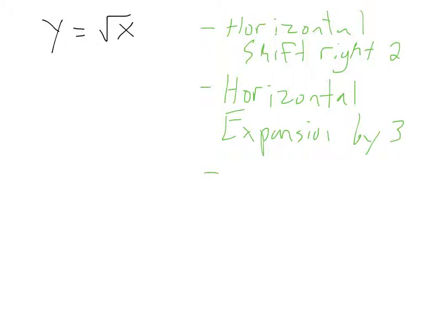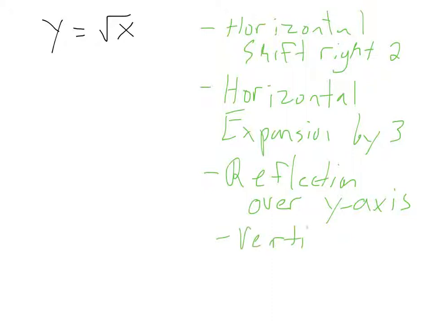I want you to do a reflection over the y-axis and a vertical translation up by 4. So horizontal shift to the right by 2, a horizontal expansion by 3, a reflection over the y-axis, and a vertical translation up by 4.